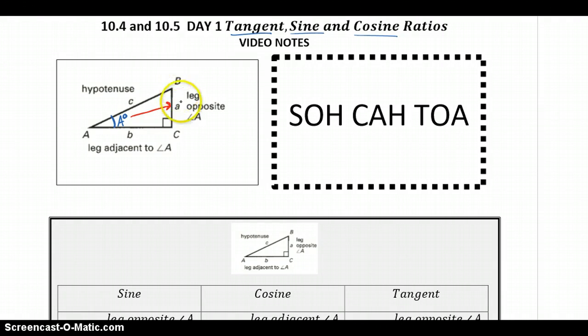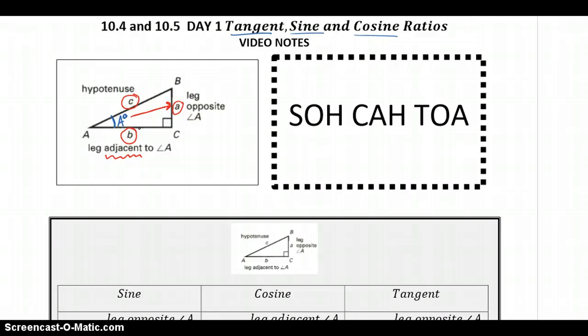So in this case, small lowercase a is opposite of angle A. The leg, the shorter side of the triangle that is touching the angle, we call adjacent. It is next to it. And C, as always, is our hypotenuse. So given either angle A or angle B here, we can determine which leg is adjacent, which leg is opposite, and which is the hypotenuse.